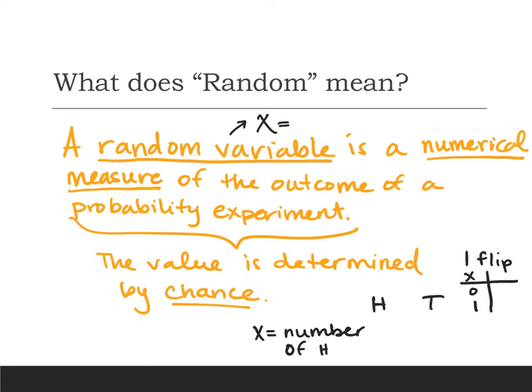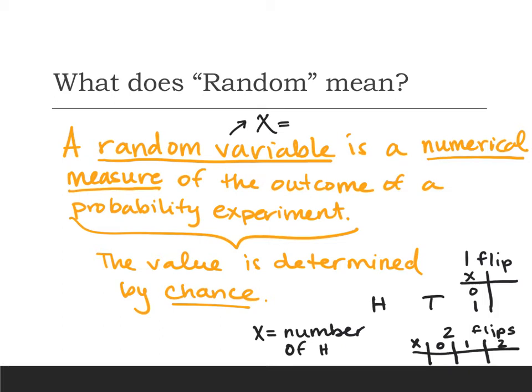If I have 2 flips, well, I've got a different situation. I'm actually going to do this in horizontal simply because I'm out of room. So if I have 2 flips of a coin, I could get 0 heads. I could have 1 head, right? One could be heads, one could be tails. Or I could have 2 heads, right?